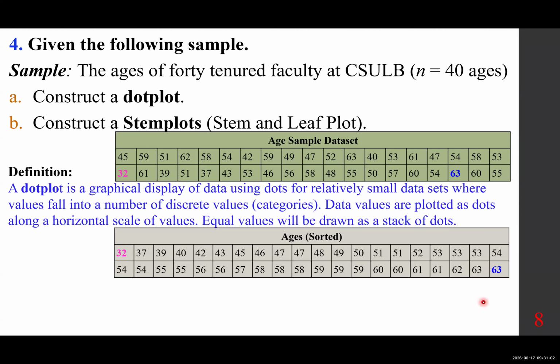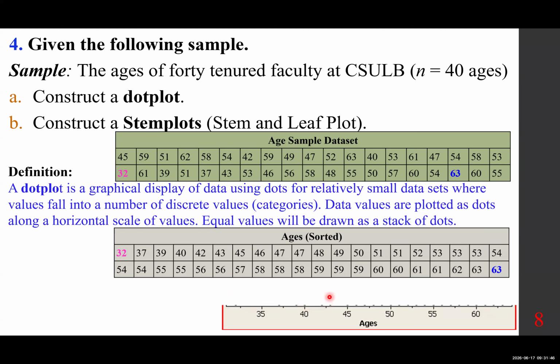There's only one of them. We locate 32. So this is 35, this is 40. So 32 maybe somewhere here, you put one dot. Then 37, somewhere here you put one dot. 39, one dot. 40, one dot.